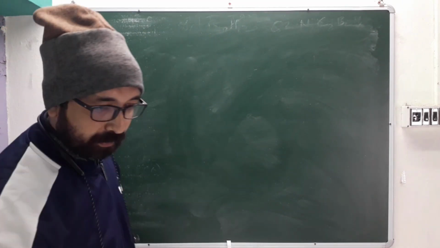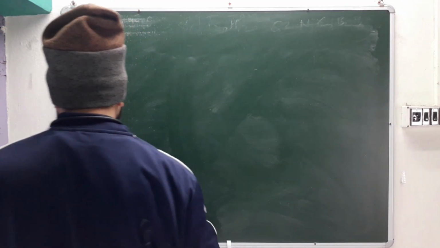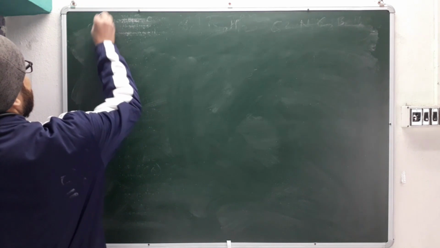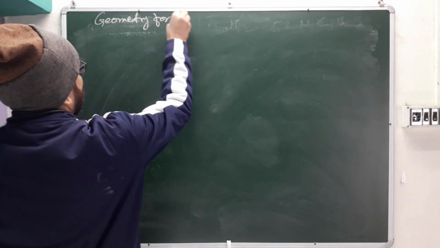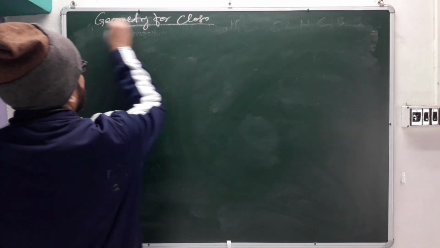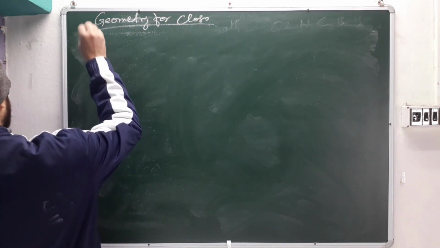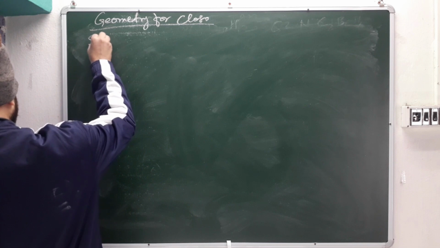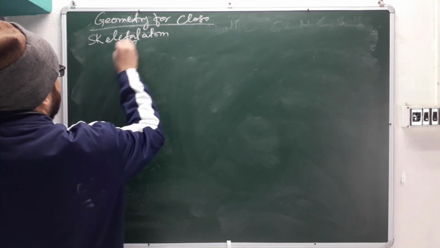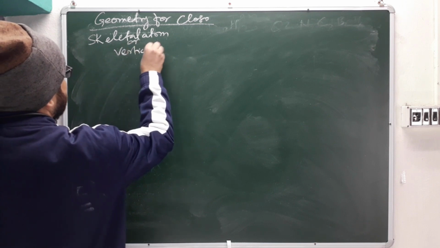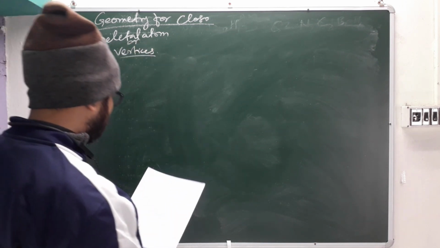Here you have to write skeletal geometry for closo. The heading should be geometry for closo. In that, the first column will be skeletal atoms, or you can write number of vertices.